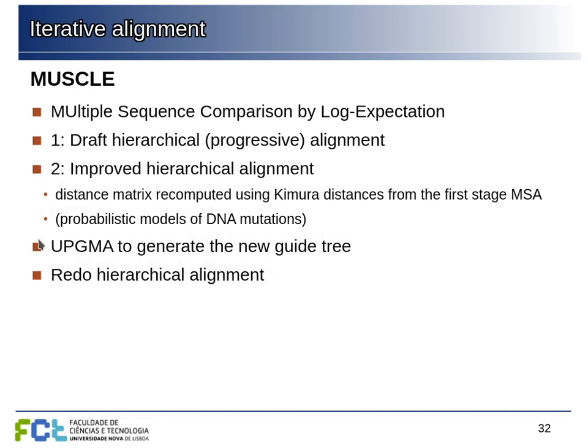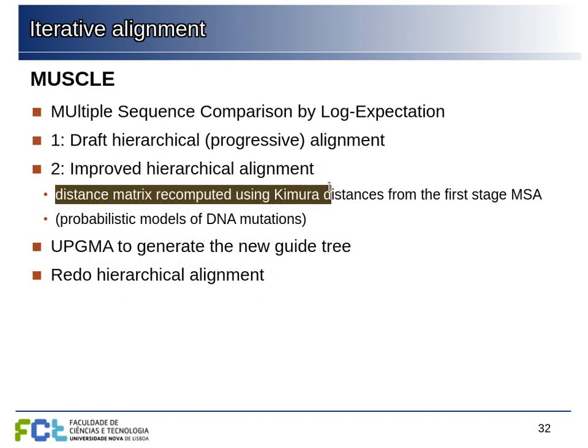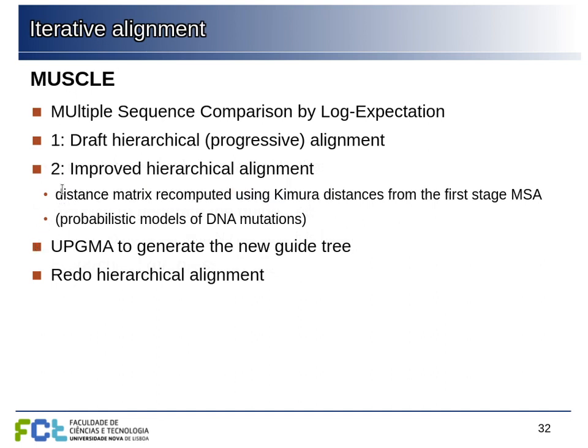It will then be used to obtain a better distance matrix, because now the distances are not going to be computed from pairwise comparisons, but from the complete multiple sequence alignment. And it also uses these Kimura distances, which take into account probabilistic models of DNA mutations and so on.